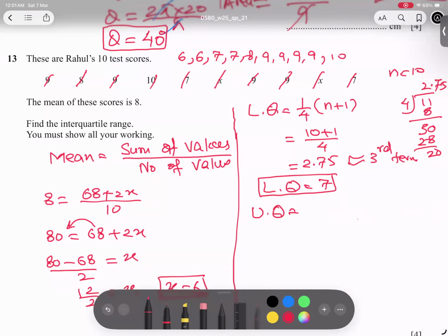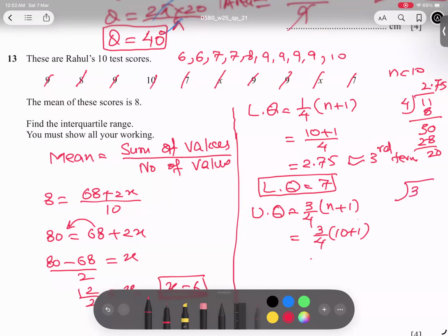So let's try the upper quartile. Lower quartile is 1/4, upper quartile is 3/4. And I'm finding 3/4 of 10 plus 1. So 10 plus 1, 11. 11 threes are 33.